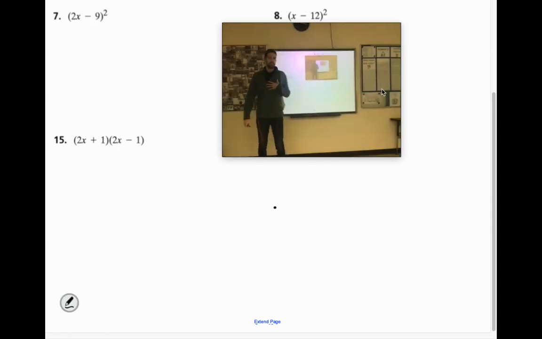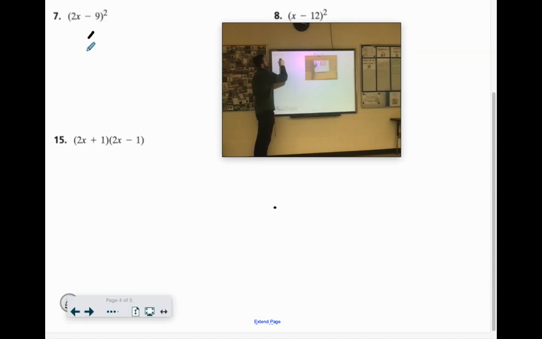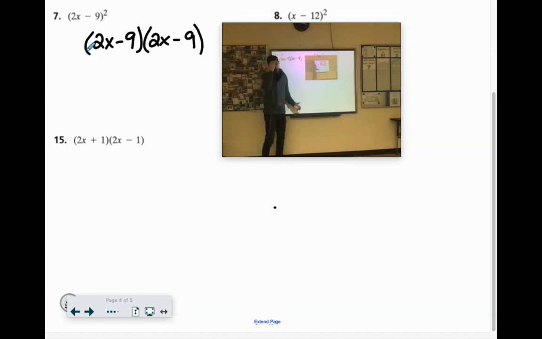My recommendation, I feel like you're less likely to make a mistake on something like this, is to just write, it's squared, so it times itself twice. I really believe you will make fewer mistakes if you just write 2x minus 9 times 2x minus 9 and you FOIL it.